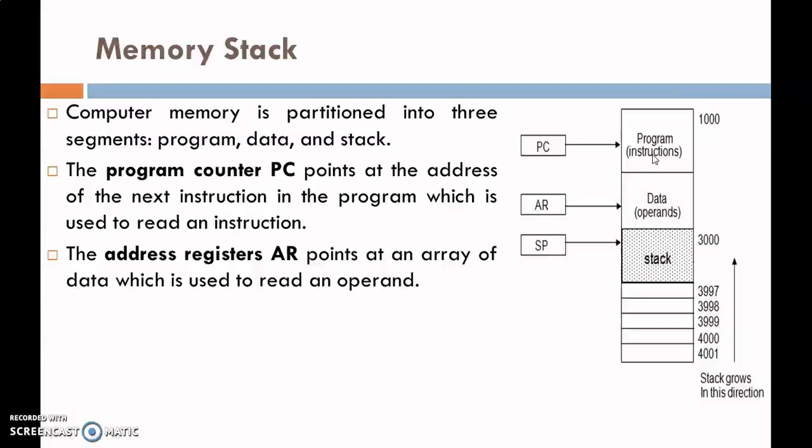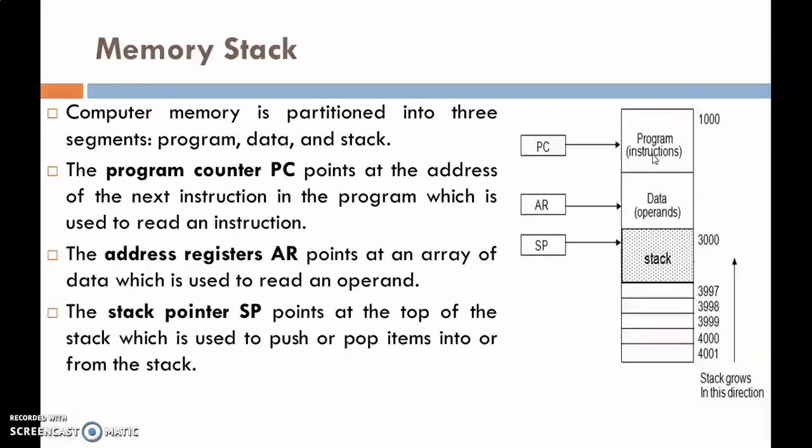AR, the address register, points at an array of data which is used to read an operand. The third is the stack pointer, SP. SP points at the top of the stack, which is used to push or pop items into or from the stack.